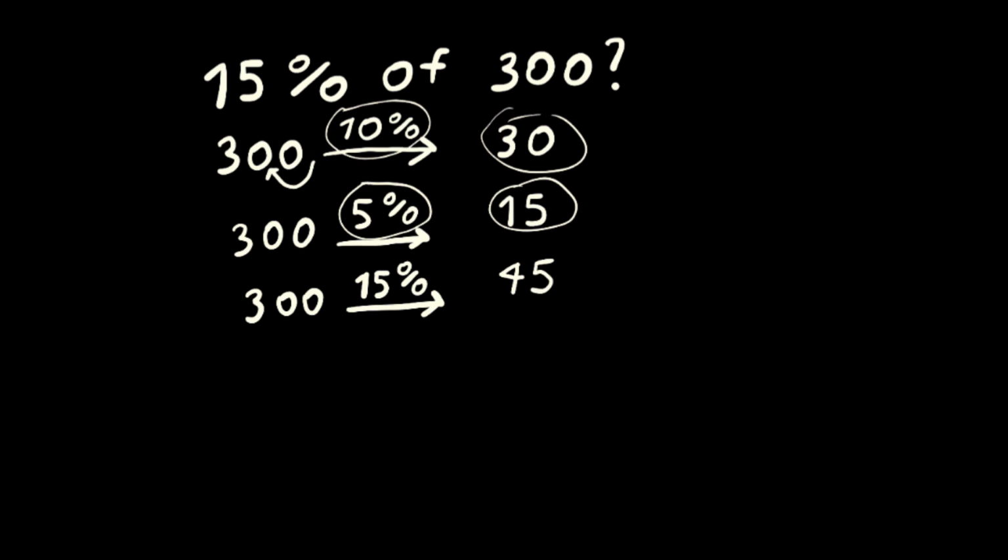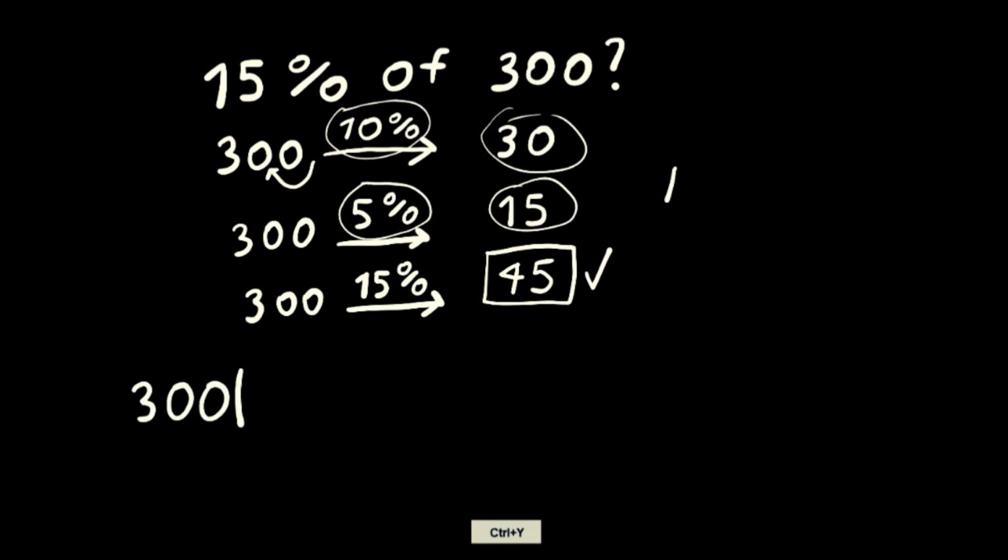Now to confirm the answer using a calculator, here's what you need to do: take 300 and multiply by 15% as a decimal. To convert a percentage into a decimal, simply divide by 100. 15 divided by 100 is 0.15.